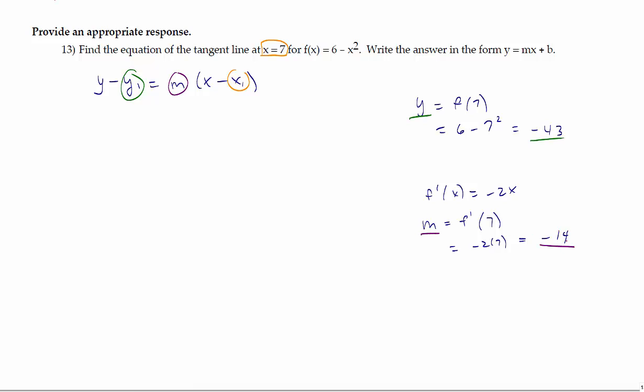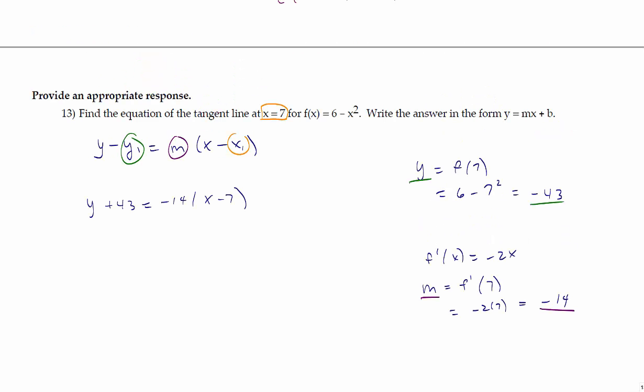All right, so now I plug in the values and simplify. I'm always going to ask you to write your answer in the slope-intercept form. All right, so we have a y minus negative 43, so y plus 43 is equal to my slope, negative 14 times x minus 7. So now I'm going to distribute the slope.